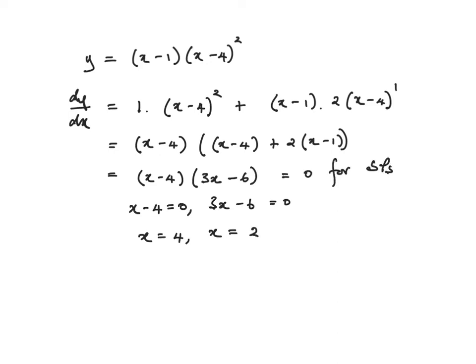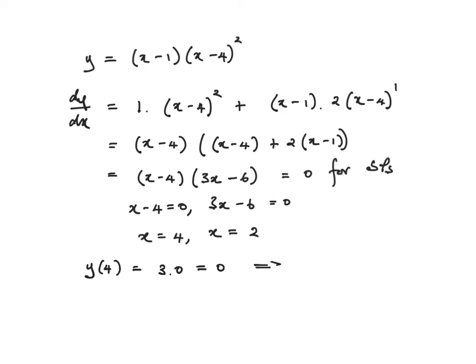So there are 2 stationary points. What we need to do now is to work out the y values, and I'm going to use the factorised form to work out the corresponding values of y. So y of 4 is 4 minus 1, which is 3. 4 minus 4 is 0, so that's going to be 0.